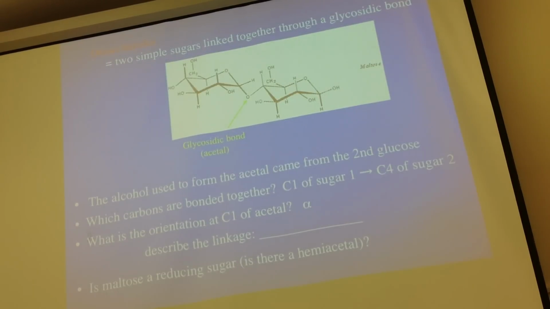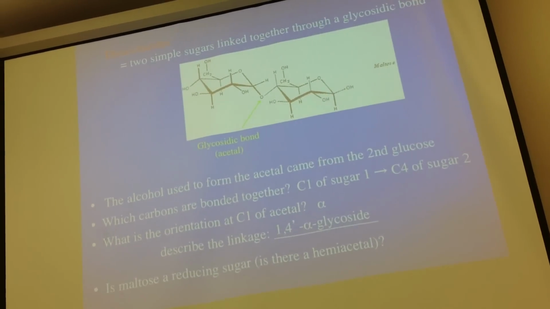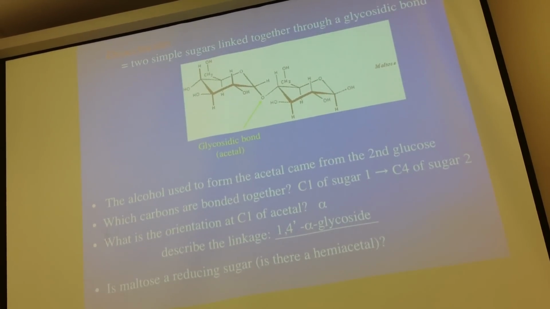So if I'm going to describe the linkage, what they say is it's a 1,4 prime, meaning number 4 comes from another sugar, which always seems stupid to me, I don't know how it would monitor itself, but there it is. 1,4 prime, alpha glycoside.